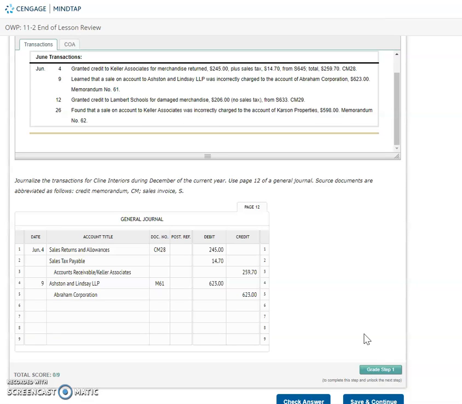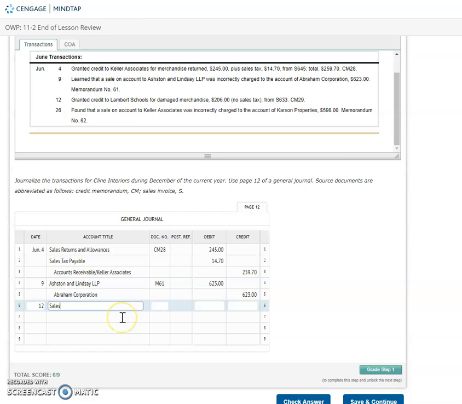The 12th, we granted credit to Lambert Schools for damaged merchandise, 206, no sales tax, from S633, credit memorandum 29. So start with the date. This is going to look just like this June 4th transaction. However, we don't have any sales tax here. They are a school, and so it looks like they don't pay any sales tax.